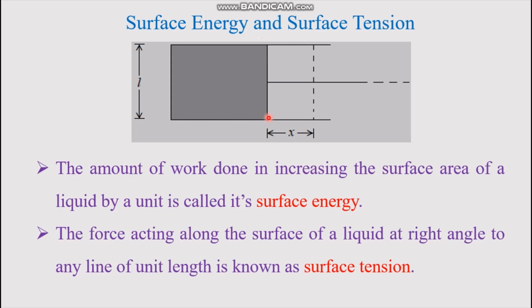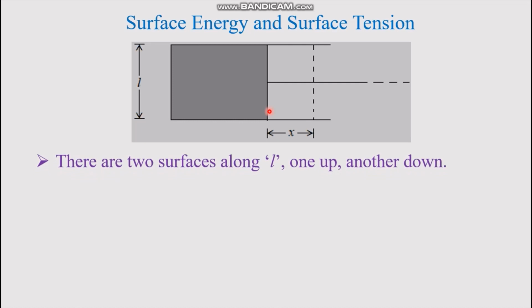This force of attraction along this line per unit length is called surface tension. Suppose this one has length L, and the force is F, then F divided by L, that means the force per unit length, is the surface tension, and surface tension is denoted as gamma.